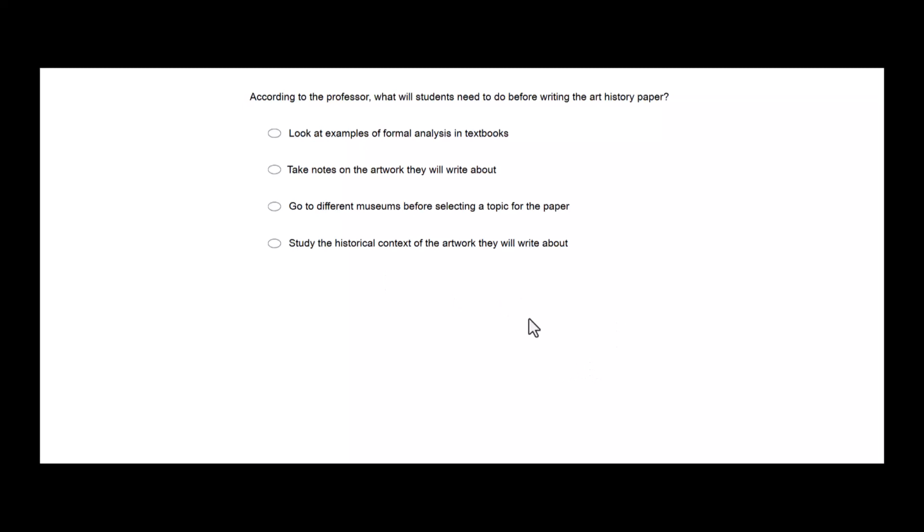Option 3, go to different museums before selecting a topic for the paper.